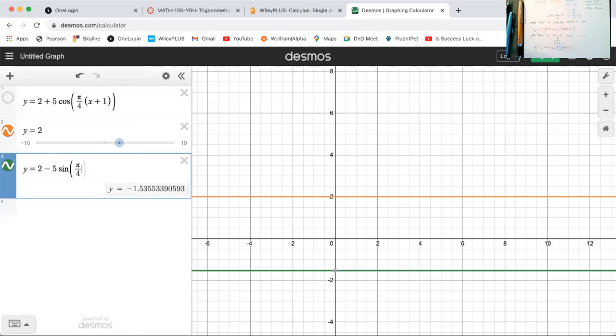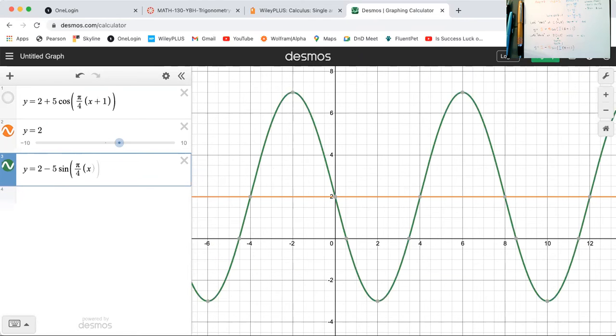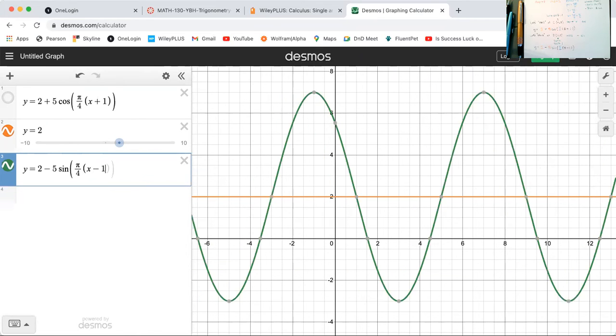Get out of the fraction. And then x, or theta, minus 1. Close the x minus 1, close the sine. And we can see we are getting the same set of points that we had before, just as we had foreseen.